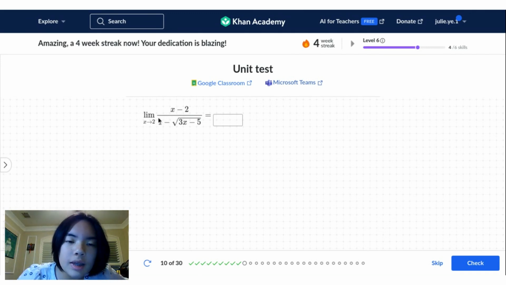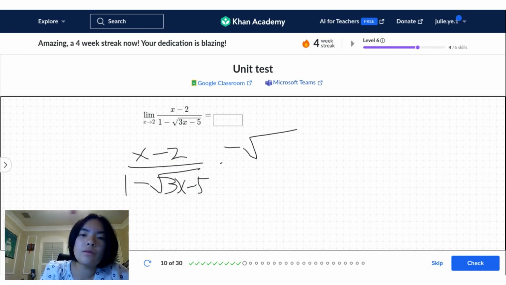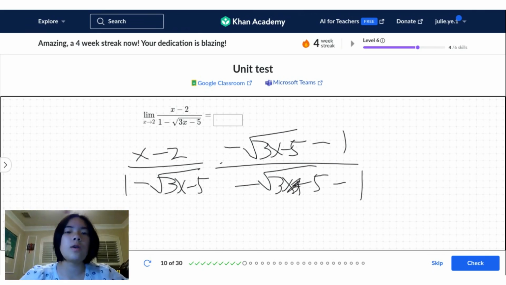This one is a big one. If you plug it in, it's already 0 over 0. Seriously? Okay, this one we have to multiply both sides by the conjugate, negative 3x minus 5 minus 1, because this one's plus 1. Terrible handwriting, but whatever, deal with it.